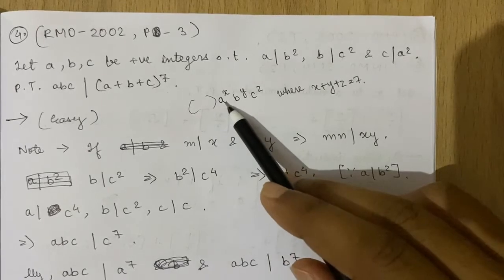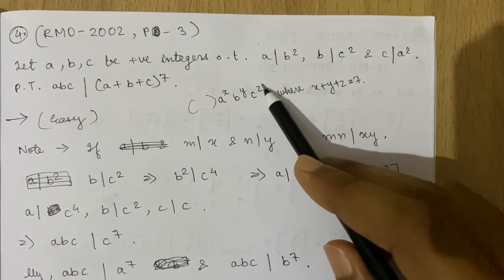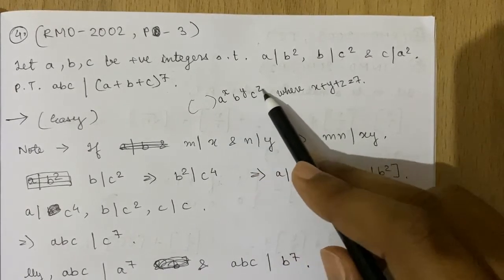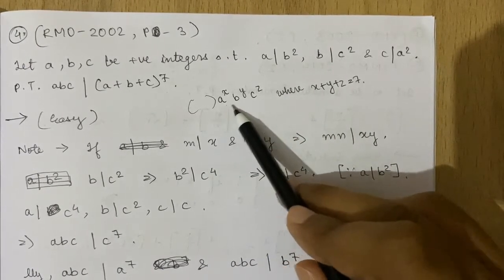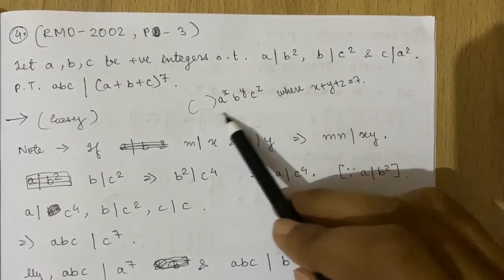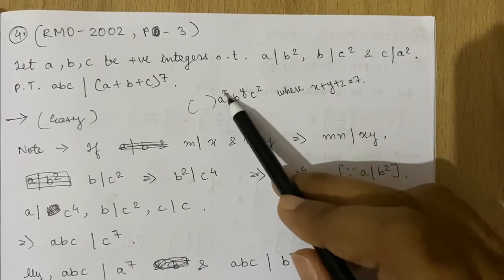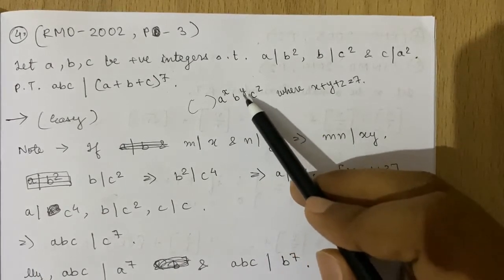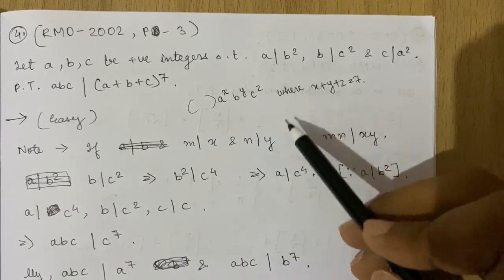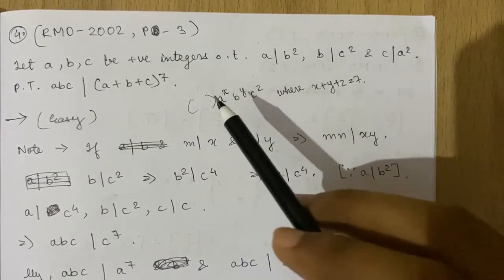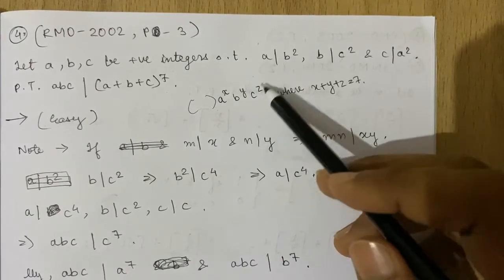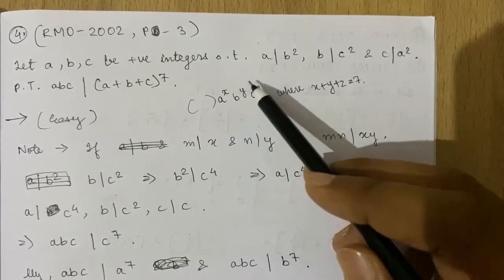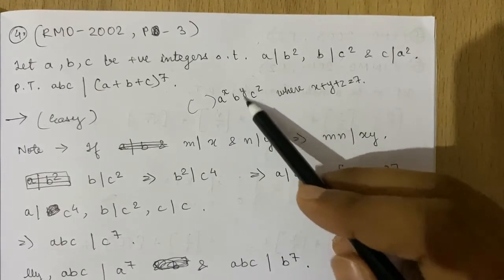Now if a^x b^y c^z, if all of x, y and z are greater than or equal to 1, then abc definitely divides this term. So I only need to check if one of these exponents is less than 1, which is 0. If one of these terms is missing, then I also need to show that abc divides this term.